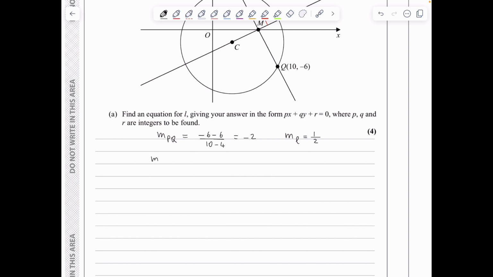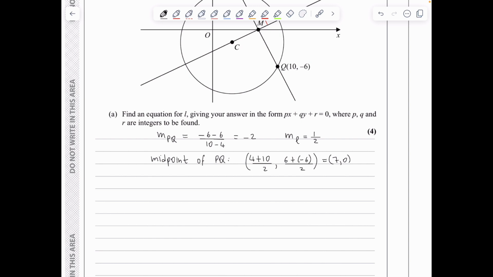I will then proceed in finding the midpoint of the chord PQ. And remember, the formula for the midpoint is x1 plus x2 over 2, comma y1 plus y2 over 2. This gives an answer of 7, 0. These are the coordinates of the midpoint of PQ, point M.